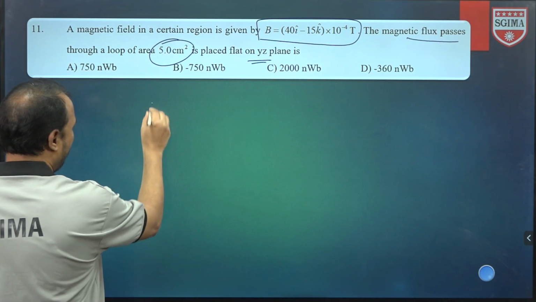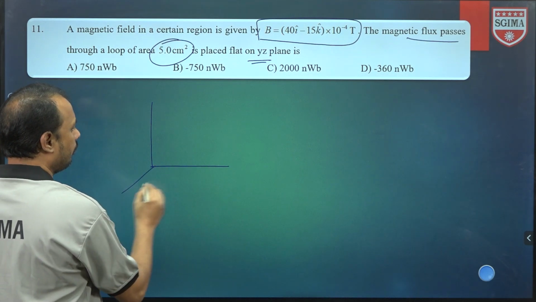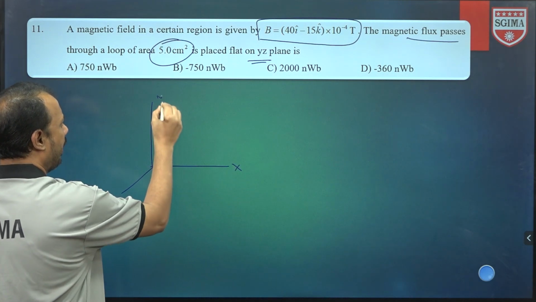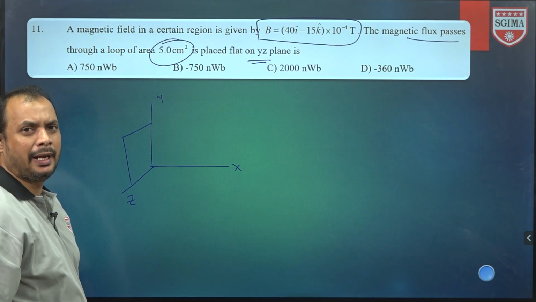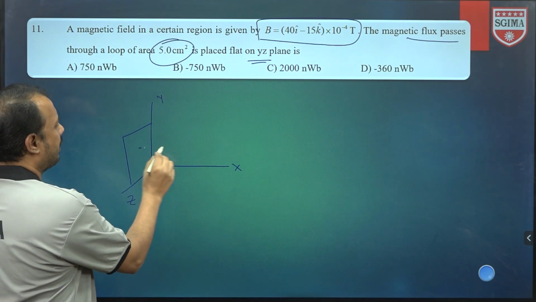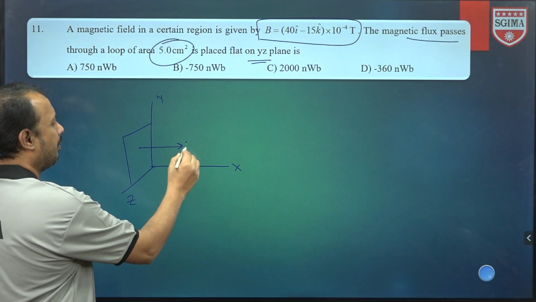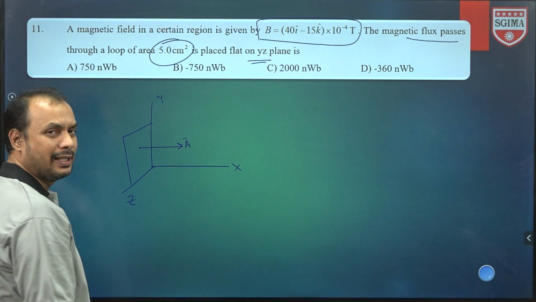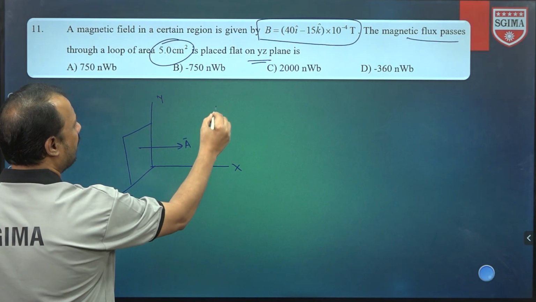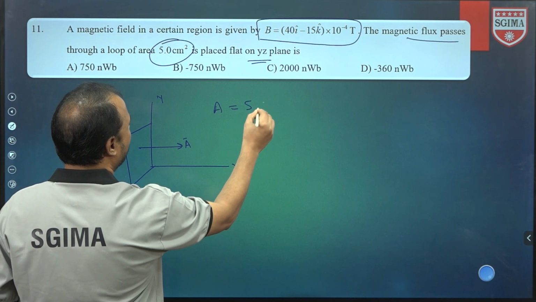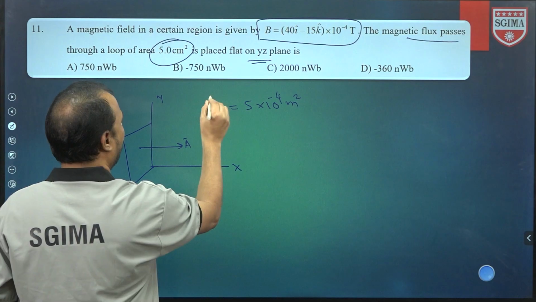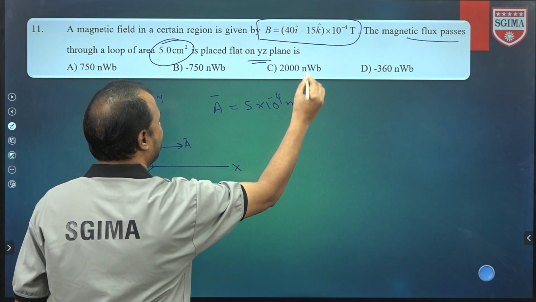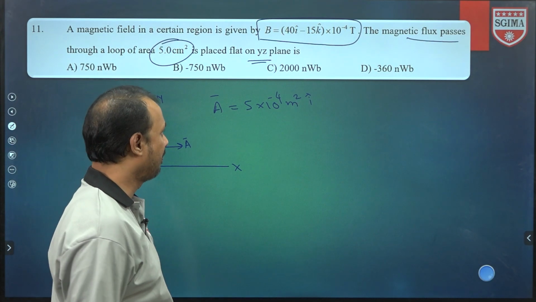So if you draw the axes X, Y and Z, the area vector is nothing but along the x-axis. The area is 5 centimeter square, and if you write it in vector form, it is along the x-axis, so you can write i cap.